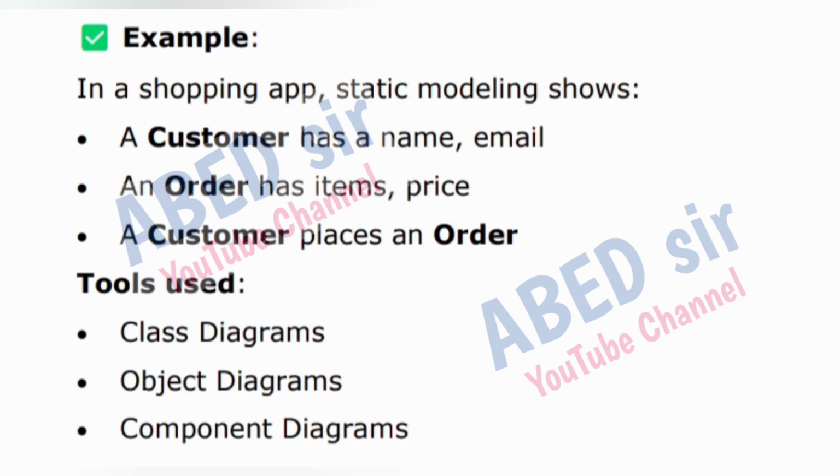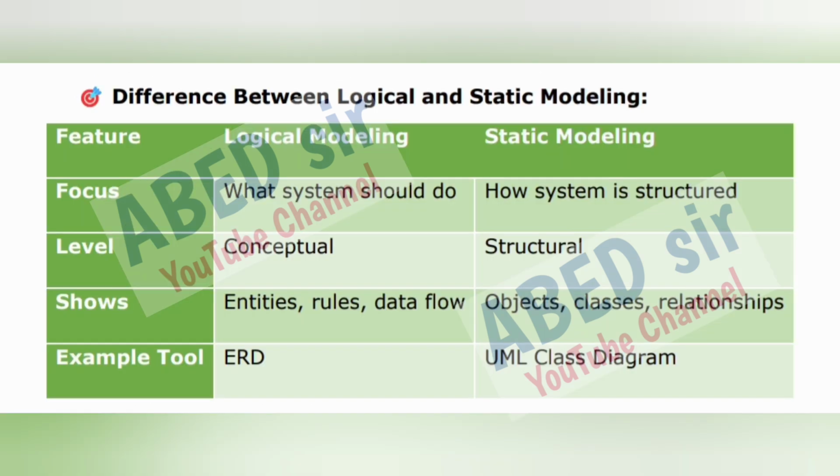In a shopping app, static modeling shows: a customer has a name, email. An order has items, price. A customer places an order. Tools used: class diagrams, object diagrams, component diagrams.